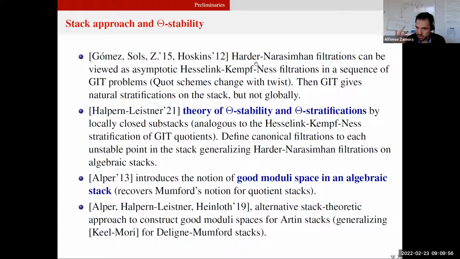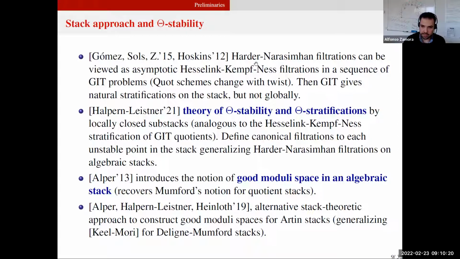So using this Kempf-Ness theory and the Hesselink stratification, you can recover the notion of the Harder-Narasimhan filtration from the GIT problem. But for those familiar with GIT constructions of moduli spaces, usually you embed the objects you want to classify into a certain Quot scheme, getting larger and larger with certain twists.